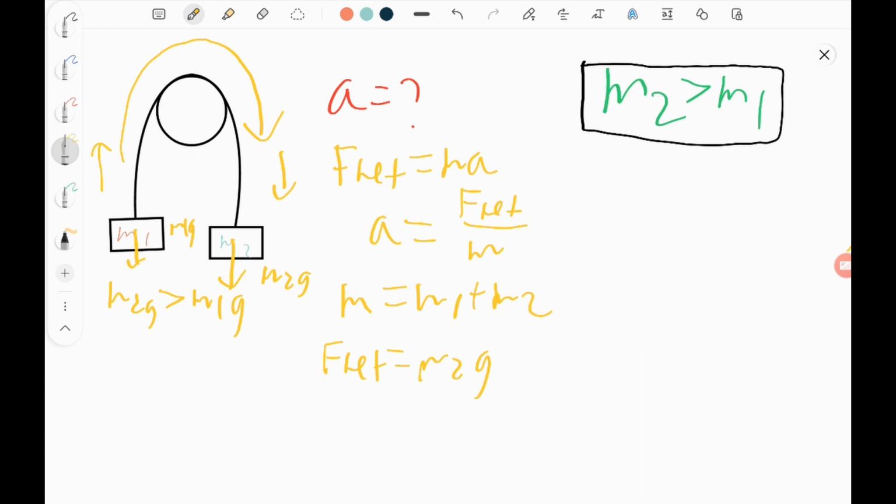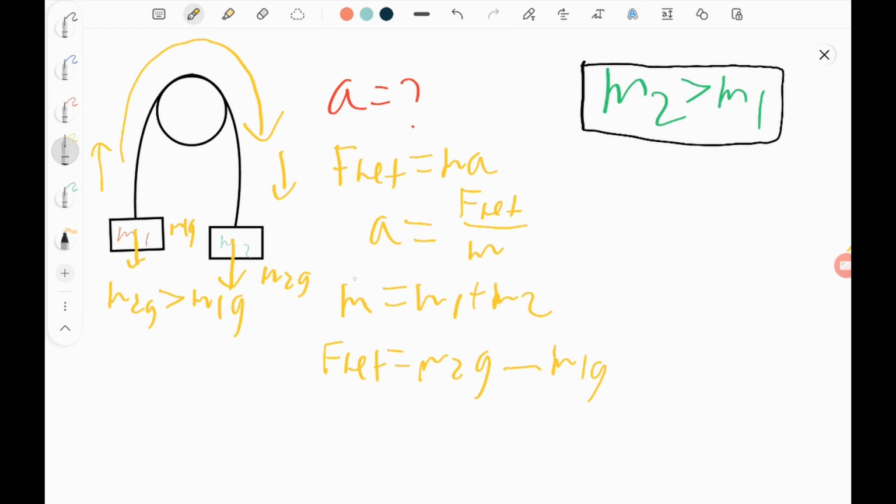We can see that M1 is going to accelerate upward as a result of M2G being larger. So this gravity force is going to keep the system from accelerating. So we need to put a minus here for M1G. So M2G causes the acceleration, and M1G tries to prevent the system from accelerating.